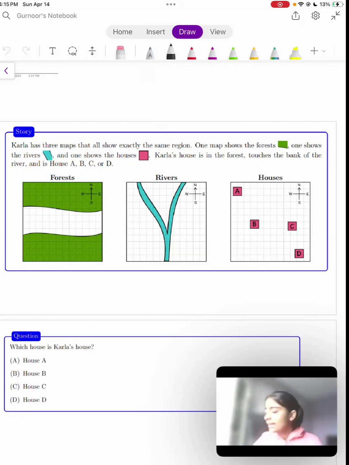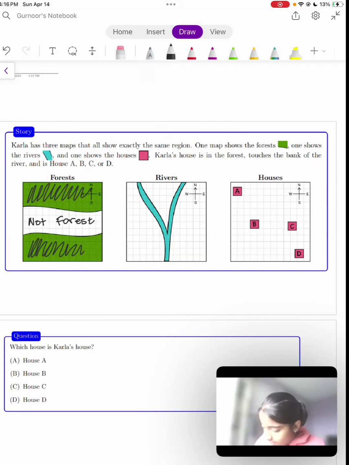So let's carefully look at the three images we're given. The first image shows the forest region, so where the forest is. The green part is the region with forest, and this is not forest, as you can tell by the colors.